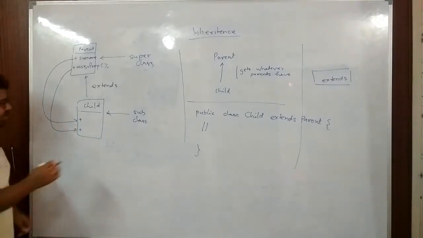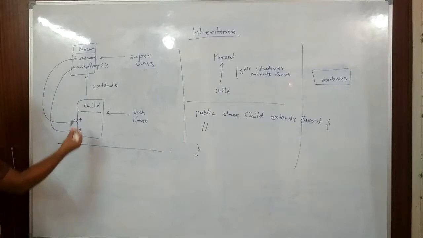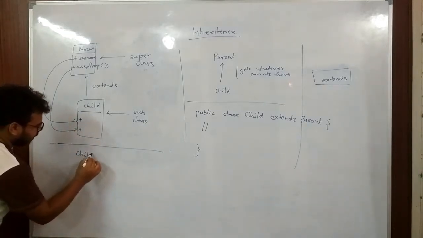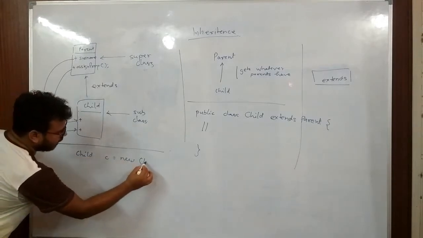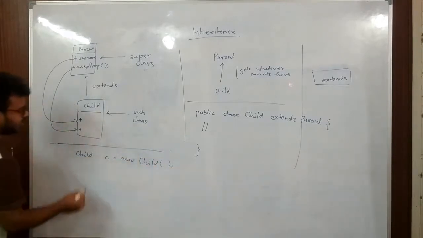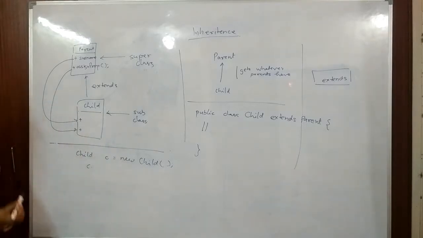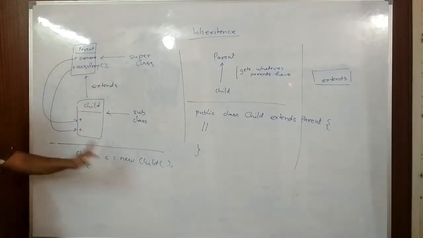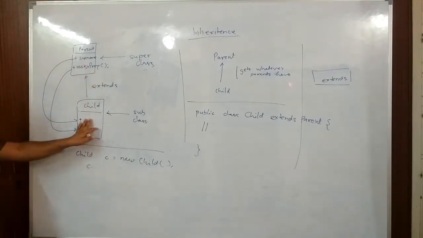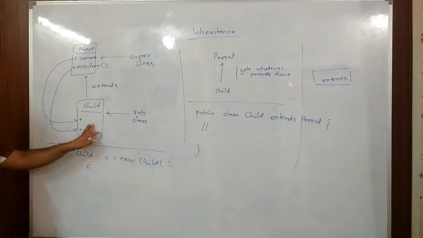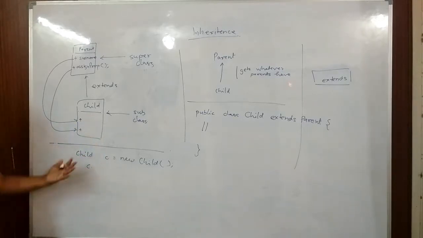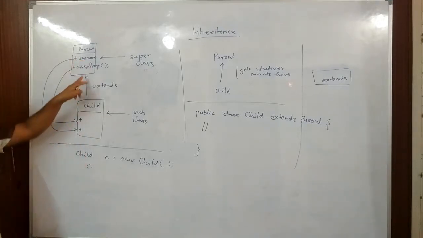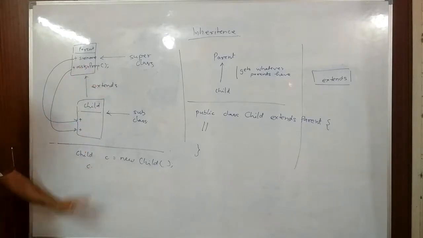So when we create a new object for the child class, that is, when we write child c is equal to new child, and then we write c dot, then though surname and assign property are not declared in the child class, these properties, that is surname and the method assign property, will be available to the child class.